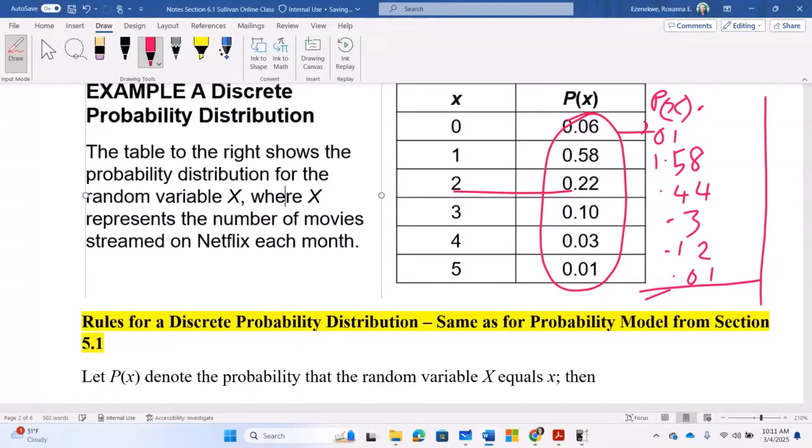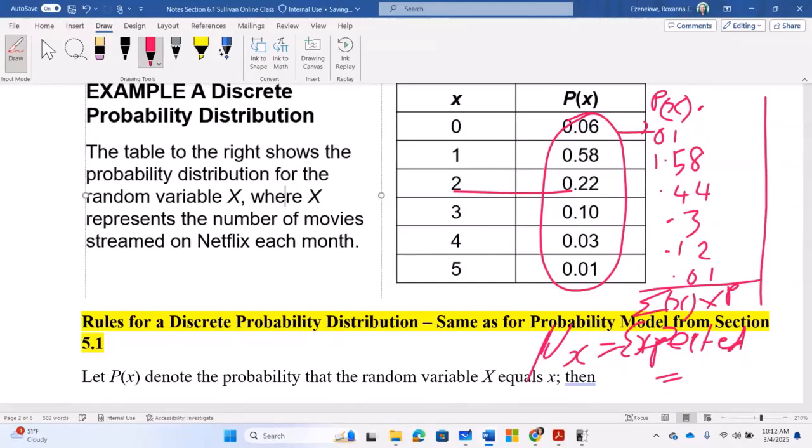So when I add the sum of all the x, the random variable multiplied by the probability, what I have is the expected value. So the expected value is the mean. The mean of the distribution is equal to the expected value, or expectation. And that is equal to my answer.